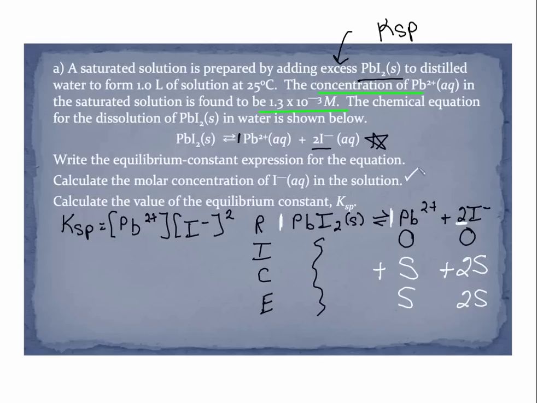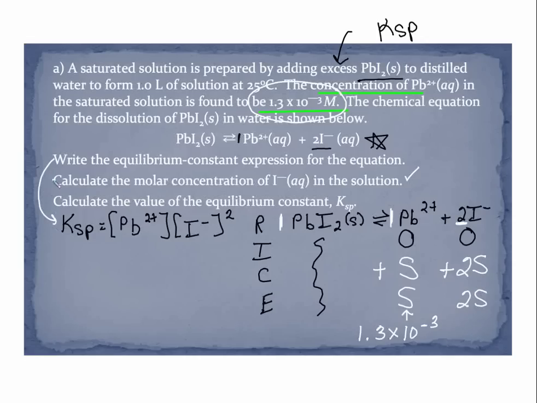Now, it says first off to calculate the molar concentration of I- in solution. Well, the problem told us our lead 2+, and that's what S is. So this was given that this S is 1.3 times 10 to the minus 3. So iodide must be 2 times that.